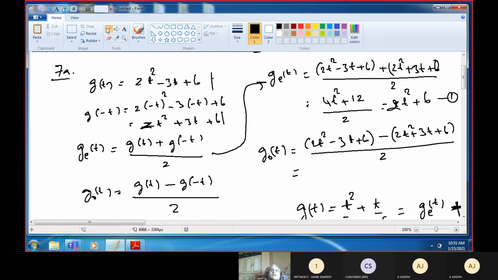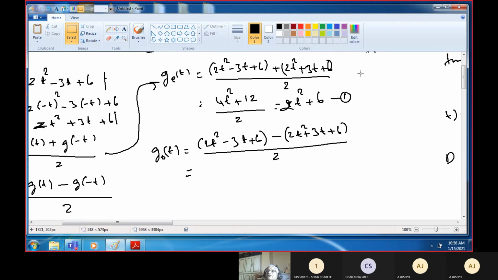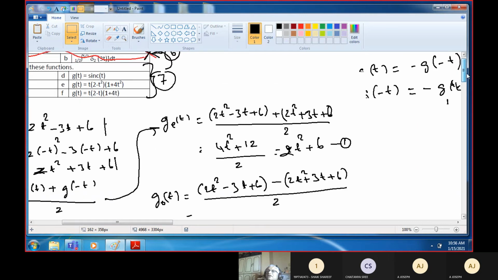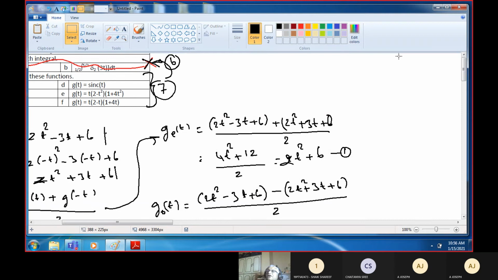So what will this become? This will become 2t square and 2t square will cancel. I'll remove all the earlier rough work so that it doesn't influence our understanding. Okay, just 1 second. Yeah, okay.